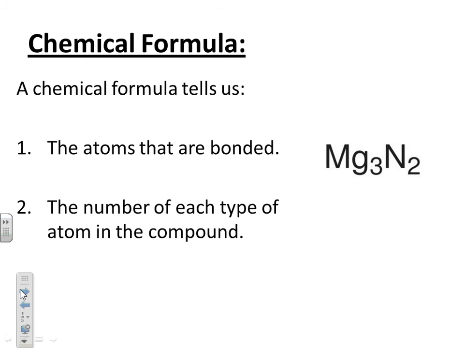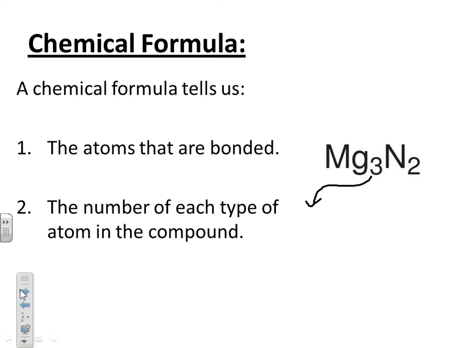So in this case, what is this 3 telling me here? Yep. That's good. Yeah, you gave me even more detail than I wanted. There's 3 magnesium for every 2 nitrogen.